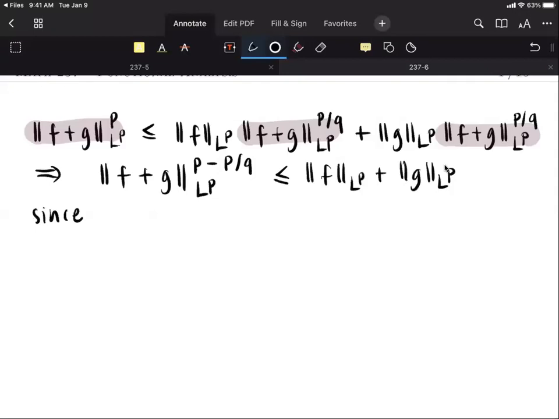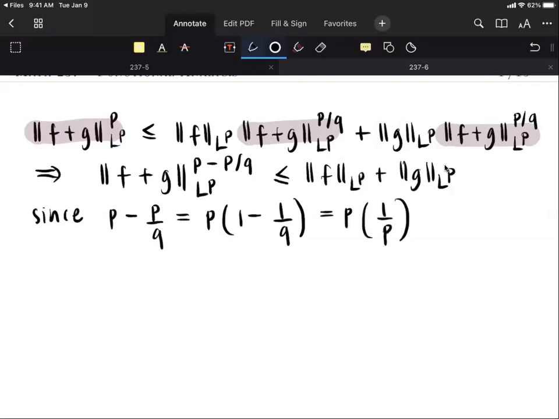Now, notice that p minus p over q, well, p is a common factor, so this is p times the quantity 1 minus 1 over q. But since q is the conjugate of p, 1 minus 1 over q is 1 over p, so this is 1.